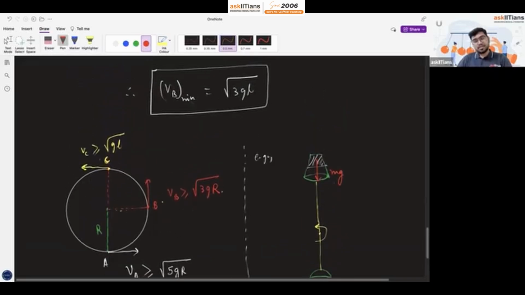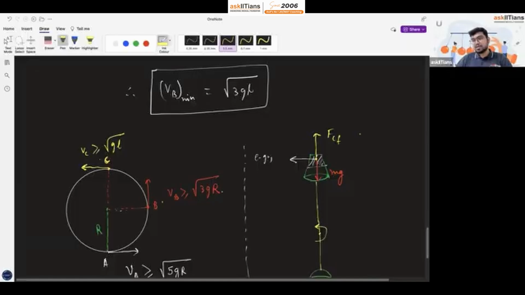Now, because of the certain speed it has here, don't you think it can also get a centrifugal force? Yes, we would also need a centrifugal force. If the centrifugal force is not enough to balance mg, the water will splash down. But what if the centrifugal force is equal to or greater than mg? Then definitely the water would remain here.